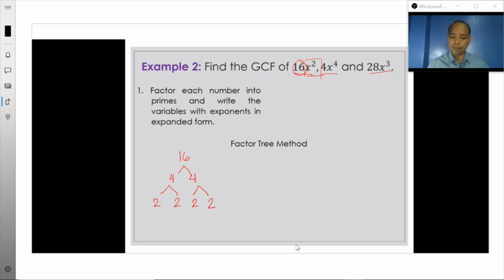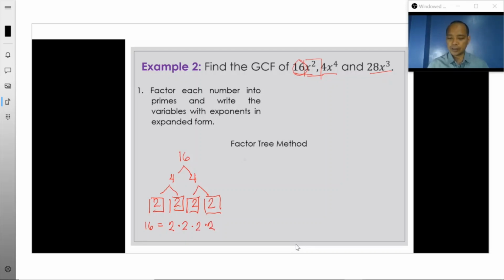We then stop decomposing the numbers because now these are all prime numbers. Therefore, 16 can be expressed as 2 times 2 times 2 times 2.